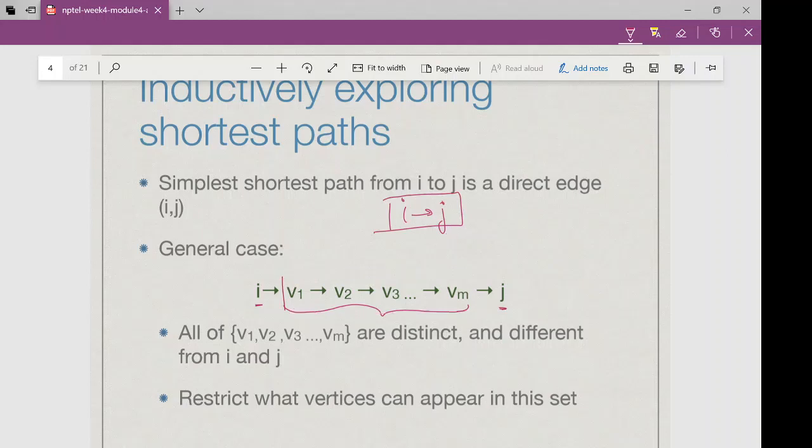This is the general case. All of v1 to vm are distinct, definitely, because in the shortest path there are no loops, and they are different from i and j.